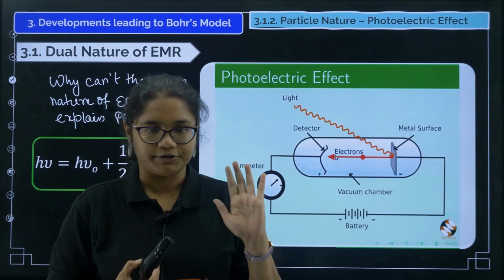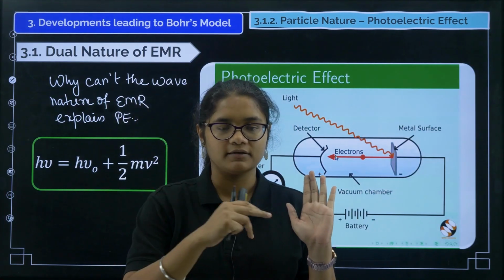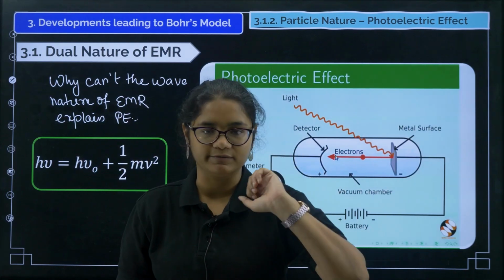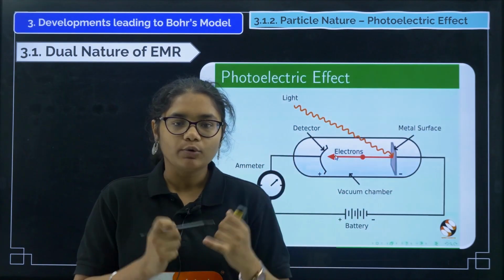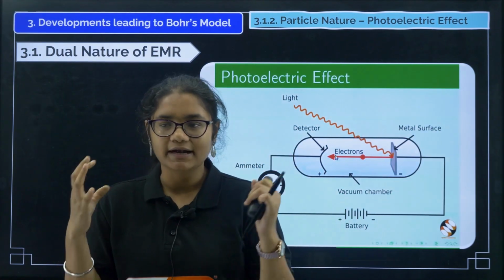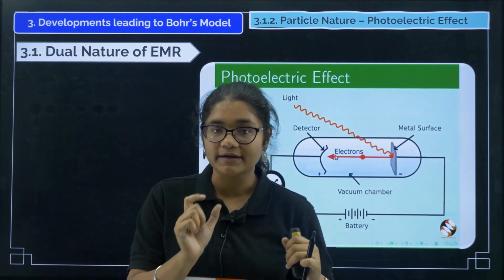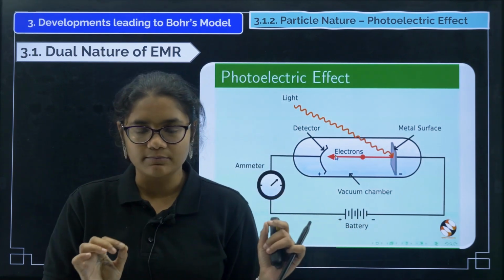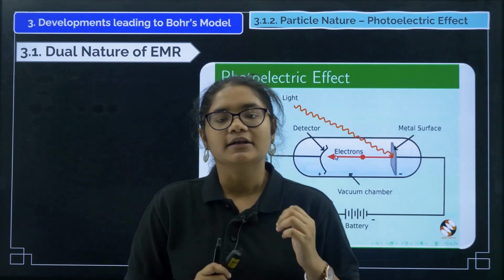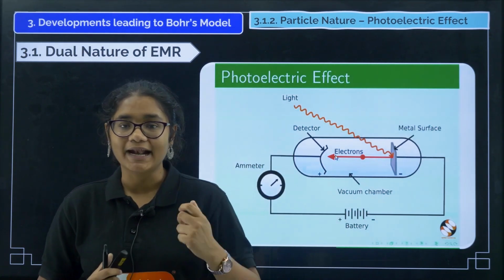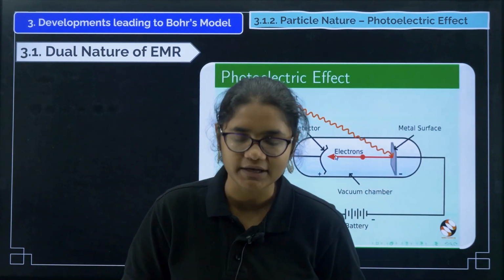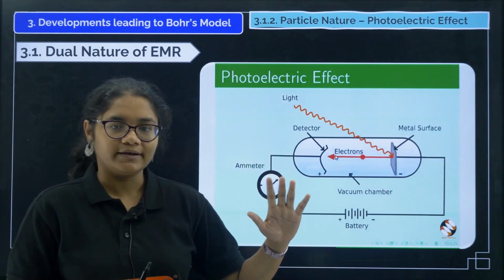Suppose this is a metal sheet, and you are giving energy, believing that the radiations are in the form of waves. Now I told you that there were two events that led to the discovery of the particle nature of electromagnetic radiation. The first one was black body, which we discussed in detail. The second event is the photoelectric effect.